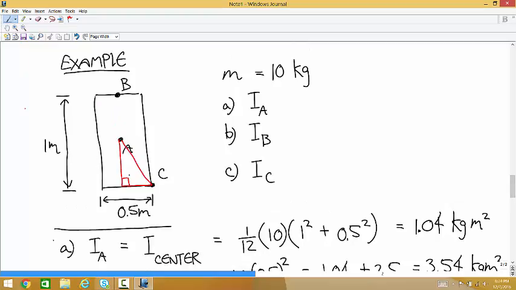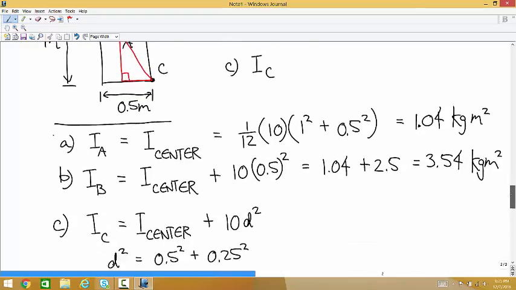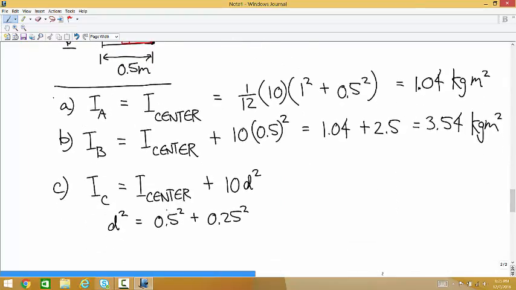It's half of the height and then half of the horizontal distance. Can someone calculate that? .3125.